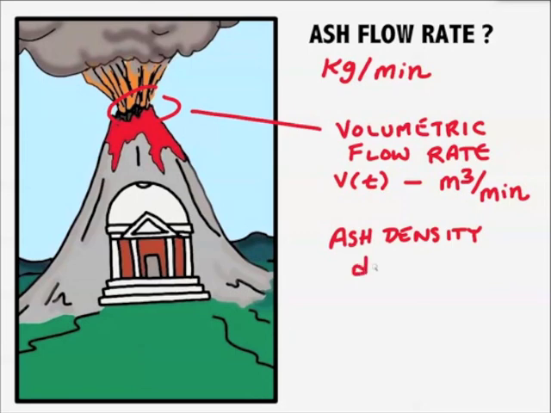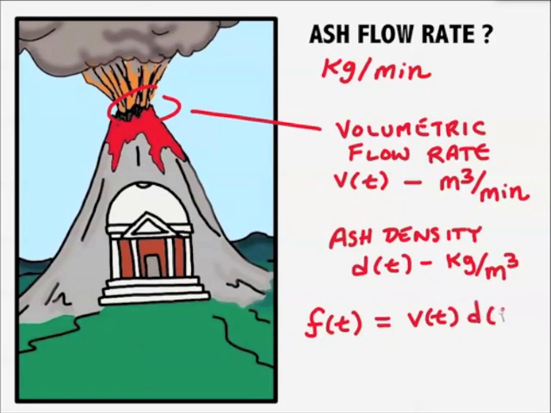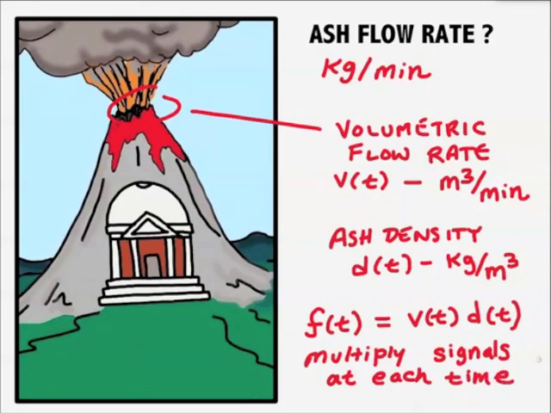The ash density I might measure in, say, kilograms per meter cubed, and that we'll call d of t. And so then I find the ash flow rate as the multiplication of V of t and d of t. I simply multiply the signals to find the ash flow rate. I do that at each and every time.